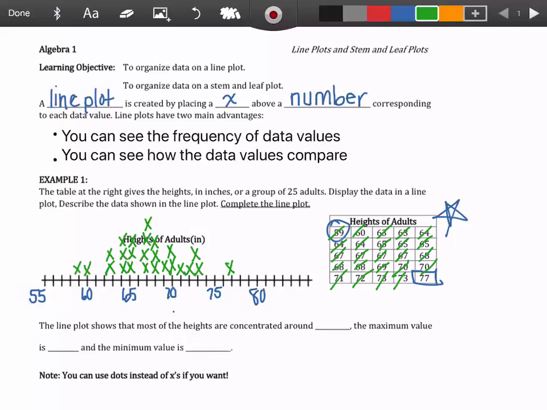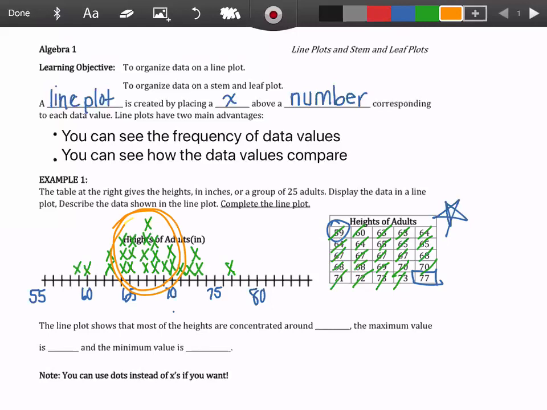So now we kind of know how the data is distributed, how spread out the data is, how many of each we kind of have. The line plot shows that most of the heights are concentrated around, and we have to figure out what value. So if we look at our line plot here, most of our X's are pretty much all right there.